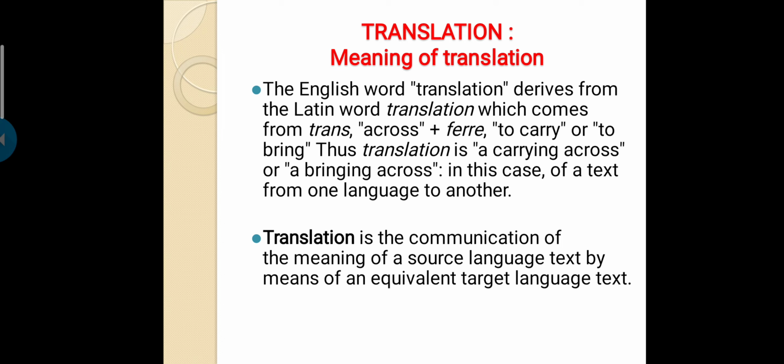Translation is the communication of the meaning of a source language text by means of an equivalent target language text. The English language draws a terminological distinction between translation, and interpreting, which is oral or signed communication between users of different languages.